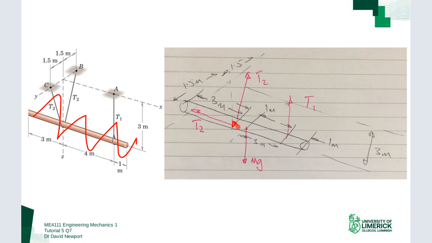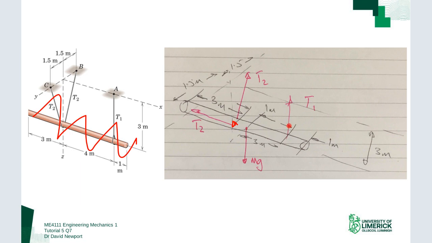If I take moments due to this, the moment is simply a one-dimensional moment. So I would have mg times 1, going in a clockwise direction, so that's negative.